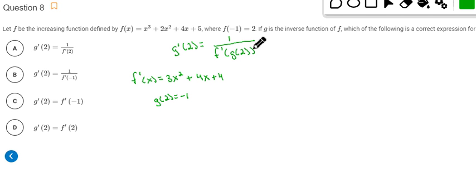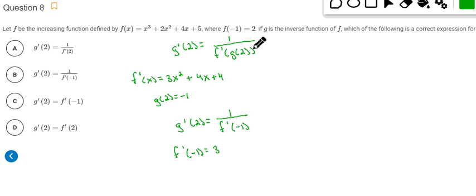So G prime of 2 is going to equal the reciprocal of F prime of negative 1. Well, what's F prime of negative 1?